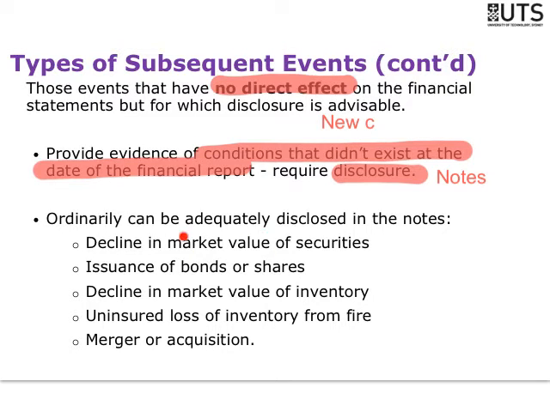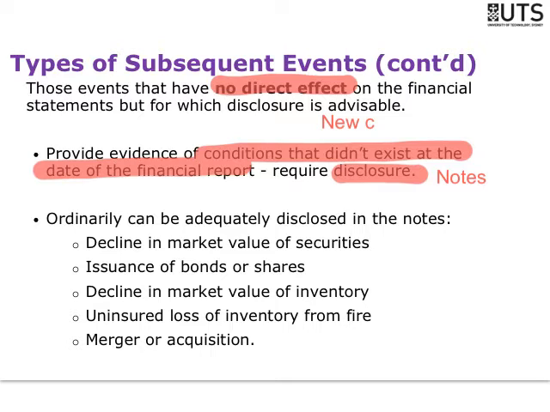So if the market value changes of a set of securities that the company owns, this does not require an adjustment because we assume that the securities at the year-end were at the correct market value. It's a matter of the market value changing after the year-end, might be lower, might be higher.